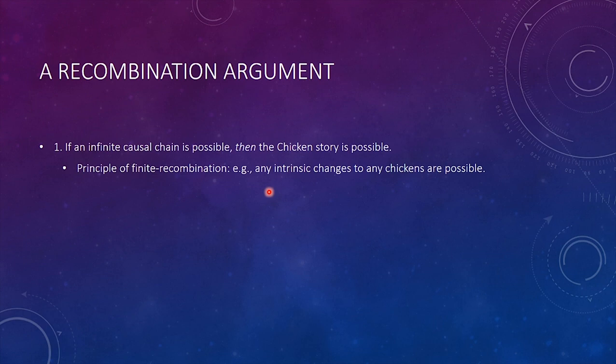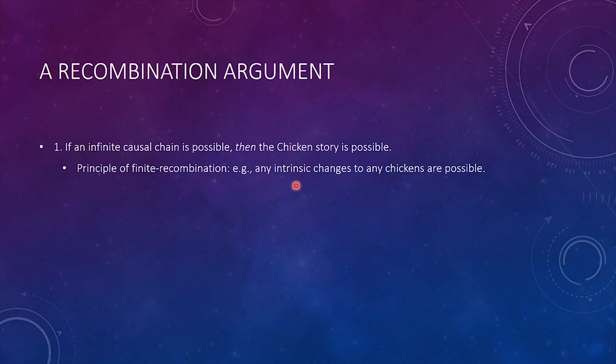For example, you might think that if there could be an infinite past, then over that infinite amount of time, there could be infinitely many different things that are produced. And those things could have different features like clocks or programs. And then there's this principle that whatever features they have, you could make any finite intrinsic changes to any number of those things. And that would be a possible reality.